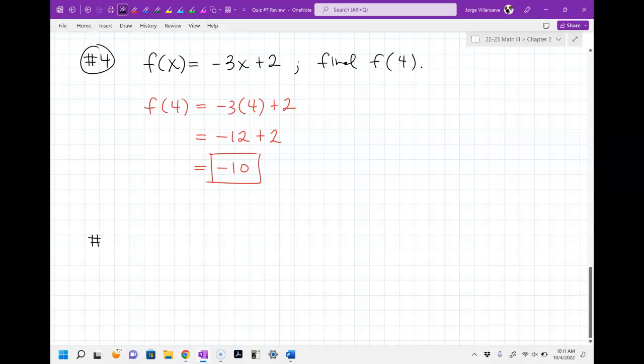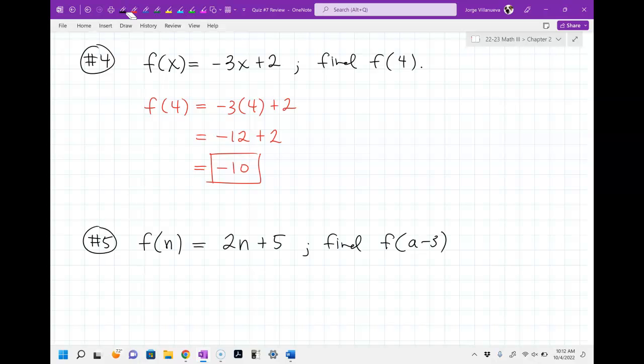All right, number 5. If I give you f of n equal to 2n plus 5, I want you to find f of a minus 3.